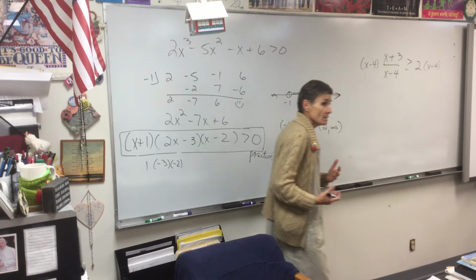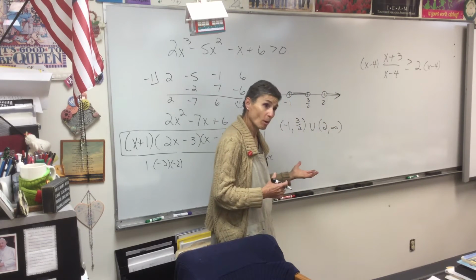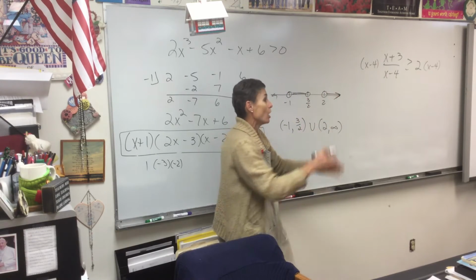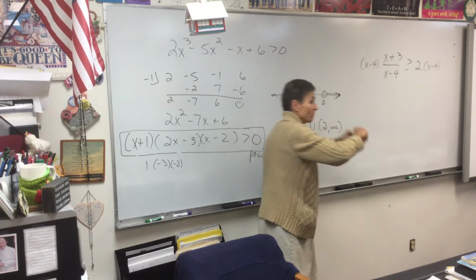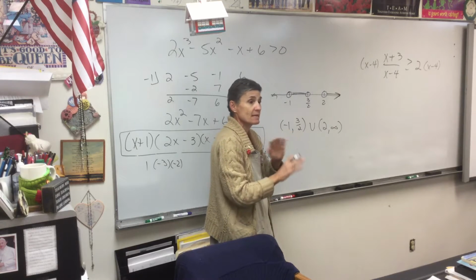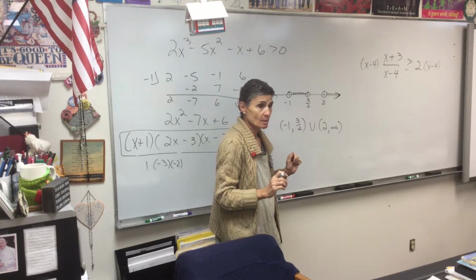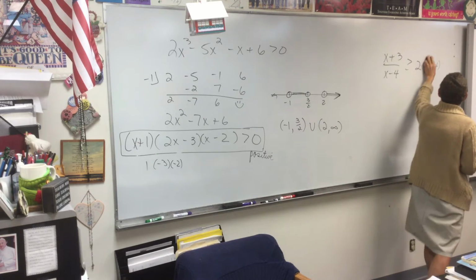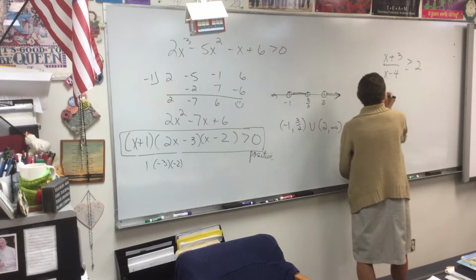Now you can actually do the problem that way, setting up 2 different cases. Okay, if it's bigger than 0, I'm going to do this. If it's less than 0, I'm going to do this. It takes too long. So instead, the strategy we're going to use is this.